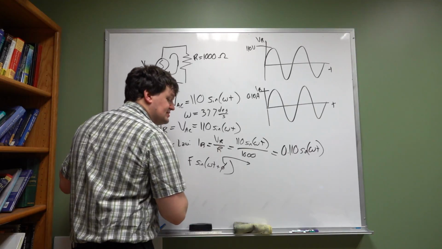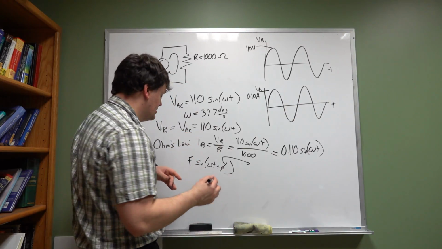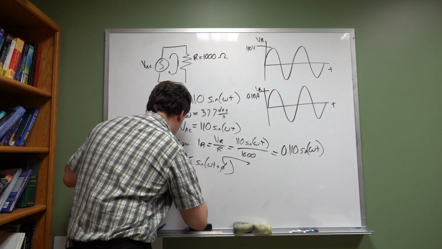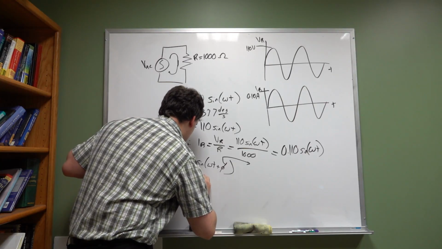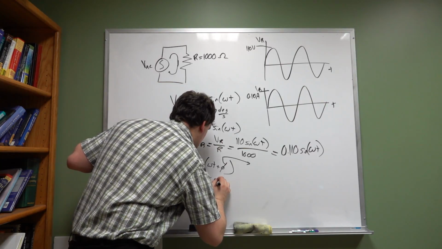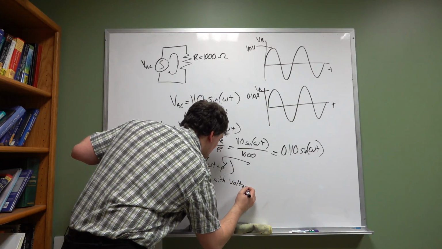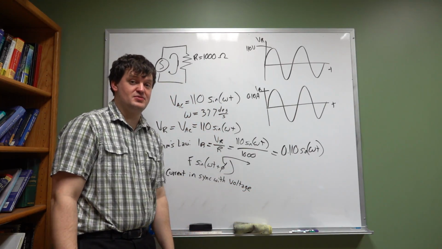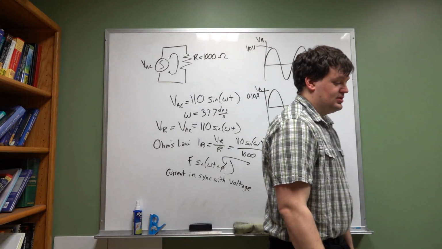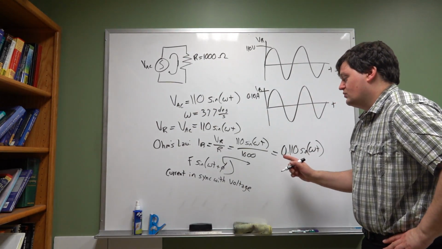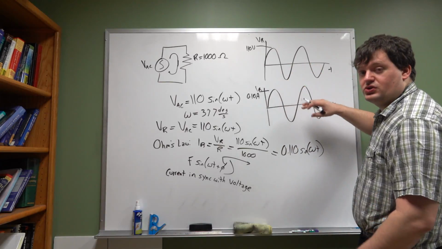So what we say is that for resistors, current is going to be in sync with the voltage. Not Backstreet Boys. In sync. Remember that. Okay? We've got the current in sync. They're both going to occur at the same time.